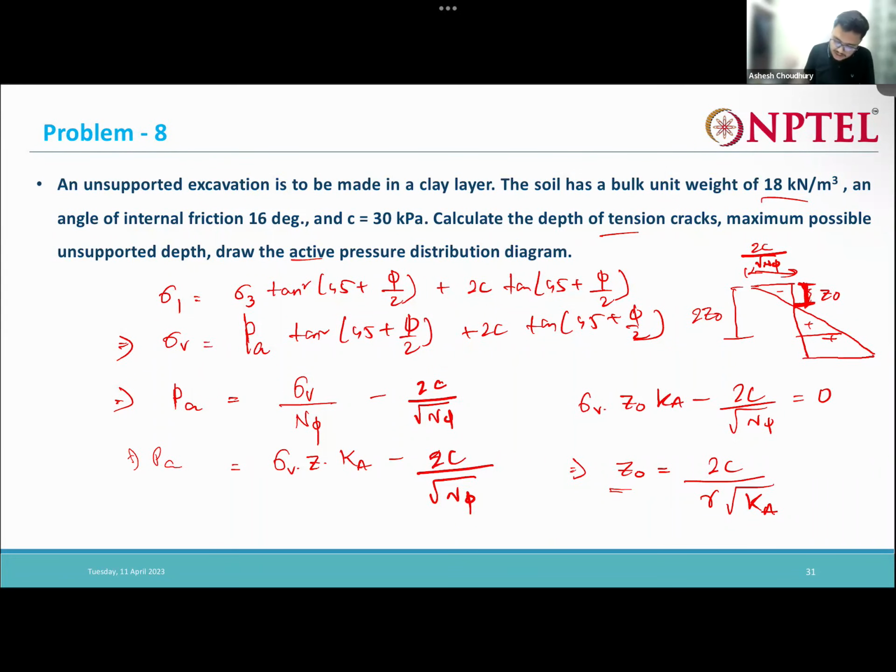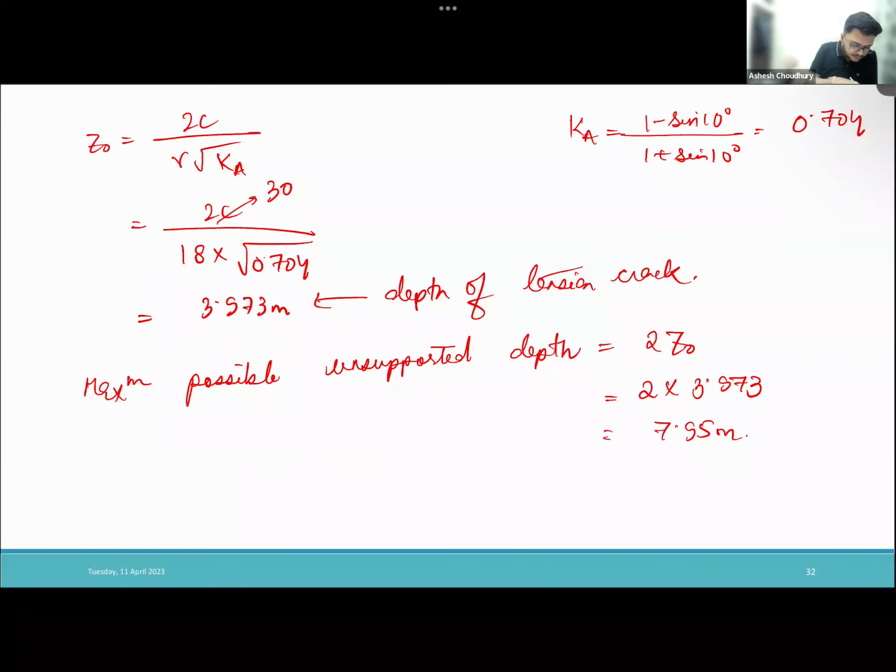An active earth pressure distribution we already drew, it will be something like this. So say unsupported depth, say this depth is 7.95.